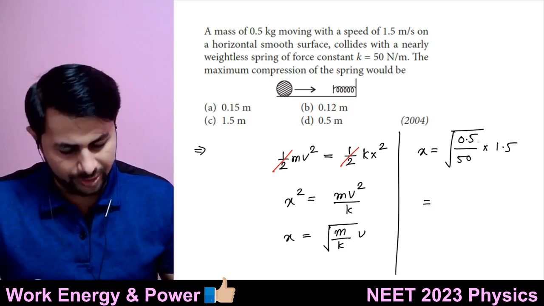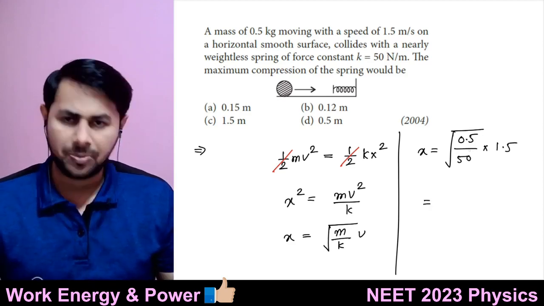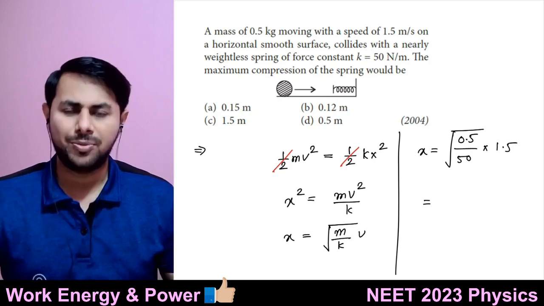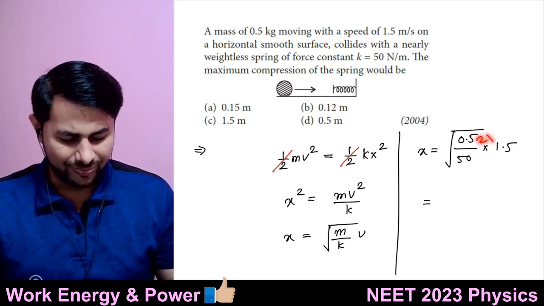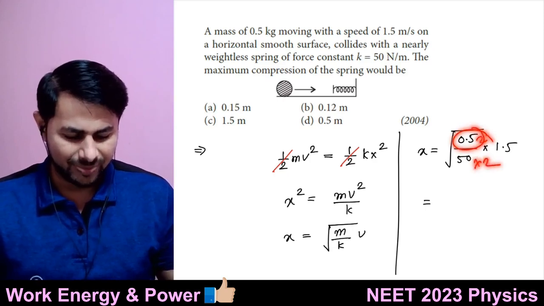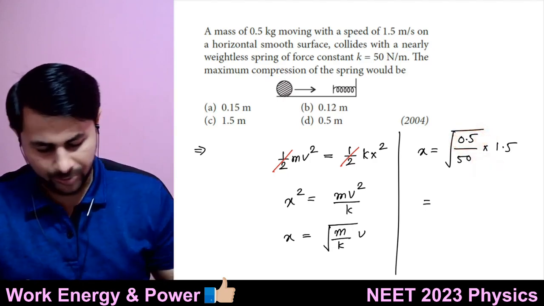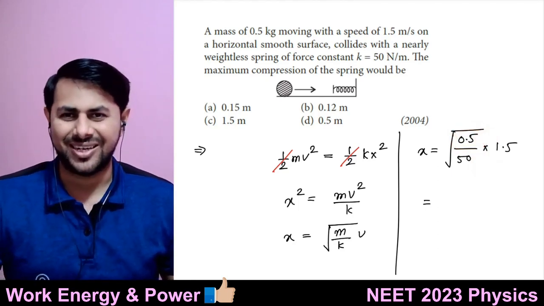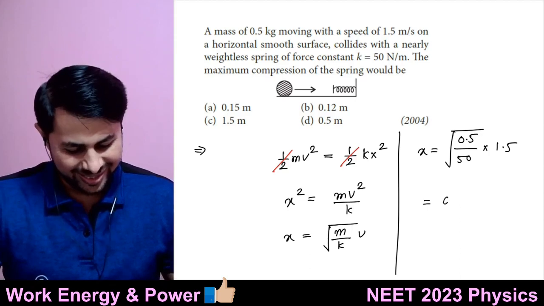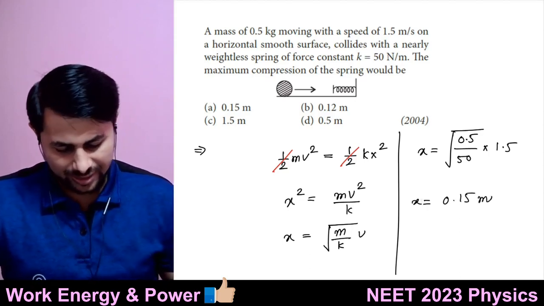So 0.5 divided by 50 is 1 upon 100, if you multiply and divide by 2. Square root of that is 1 upon 10. So 1.5 divided by 10 is 0.15. So 0.15 meters is the answer.